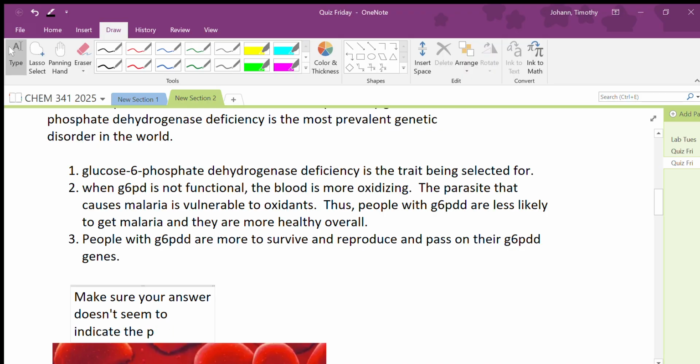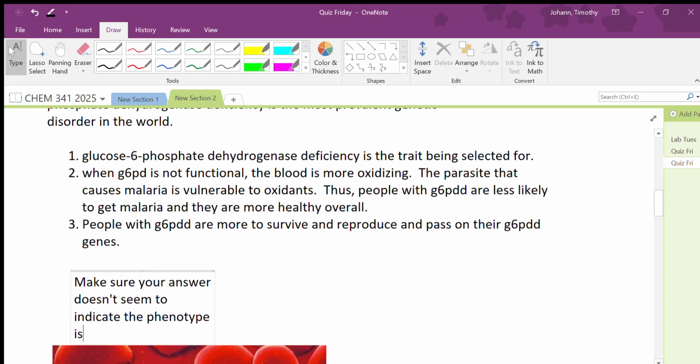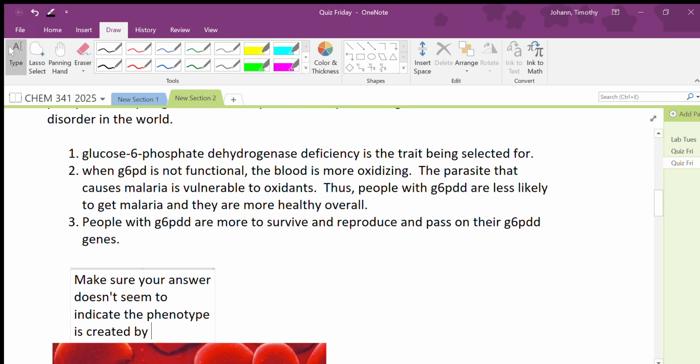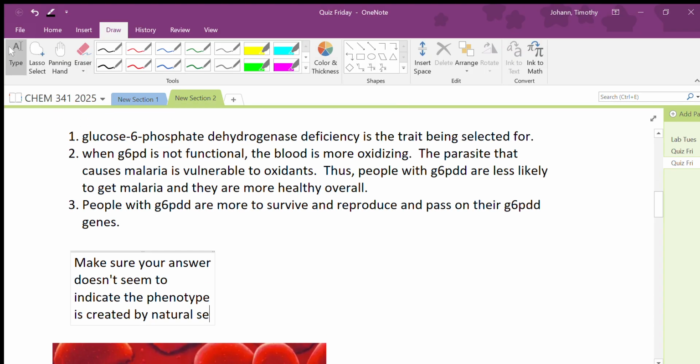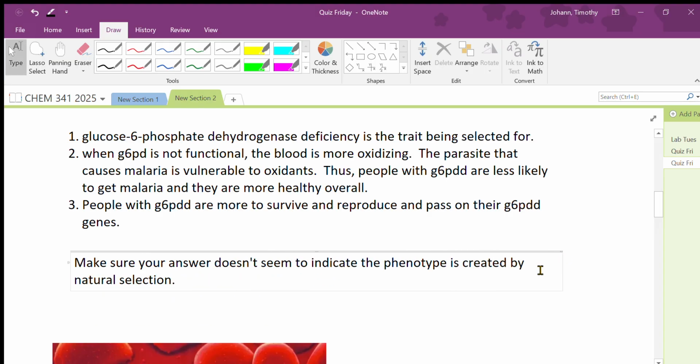Let's say the phenotype, because we're talking. For example, for this one, don't say malaria causes glucose 6-phosphate dehydrogenase deficiency.